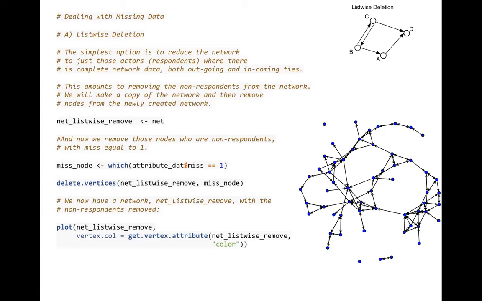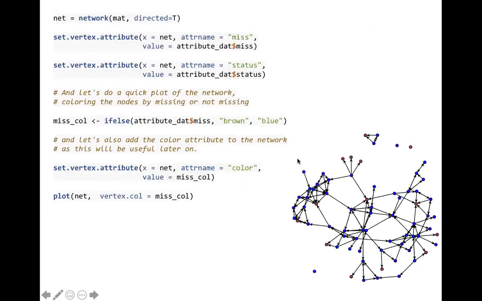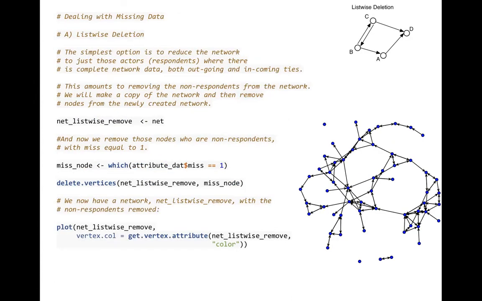I've also colored it. You can see there's no brown nodes, no non-respondents, because they've been removed. The network looks distorted, if nothing else. If you go back to what that looked like, once you take out those non-respondents, you get longer chains.